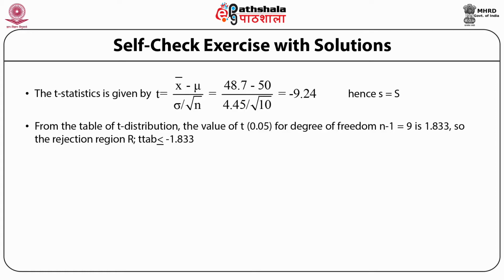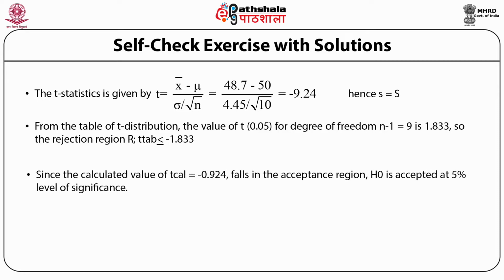And since the calculated value, which is 9.24, is less than 1.833, so we reject the null hypothesis, stating that since the calculated value t is minus 0.924, it falls in the acceptance region, H0 is accepted at 5% level of significance.